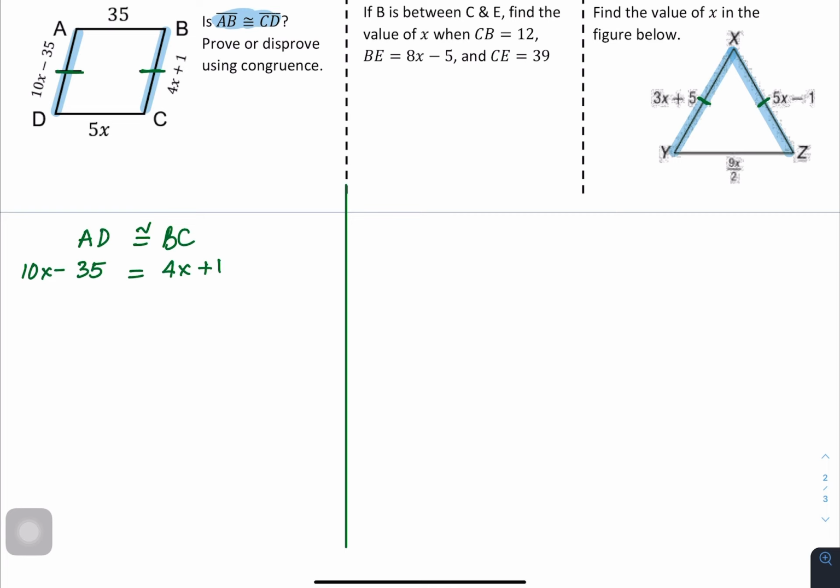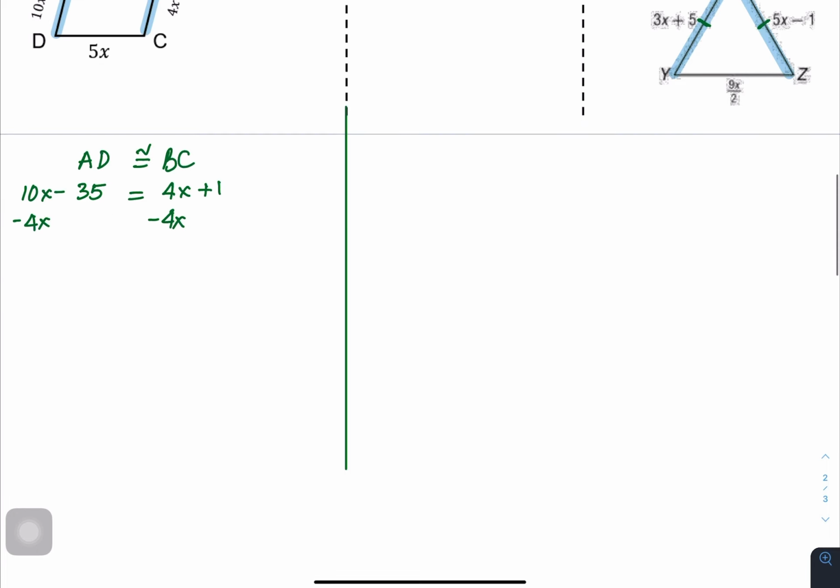Our goal is to solve for x. Let's subtract 4x on both sides because I want my x to be on the left side. 10x minus 4x is 6x. I bring down my negative 35, bring down my equal sign, and on the right side, I only have 1.